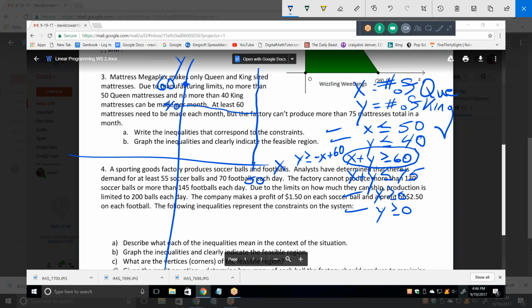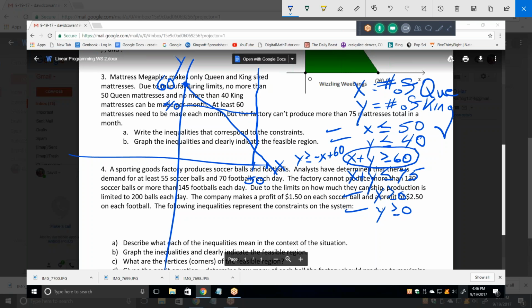I know the slope is minus 1, therefore the x-intercept has to be 60 also, right? If I go back and look at the inequality that I've circled and make y 0, it's also 60. So the x-intercept's out here, and we have a line that goes between those 2 points.